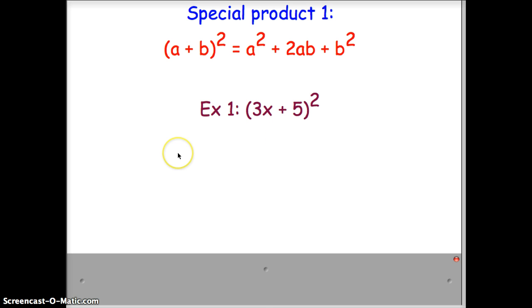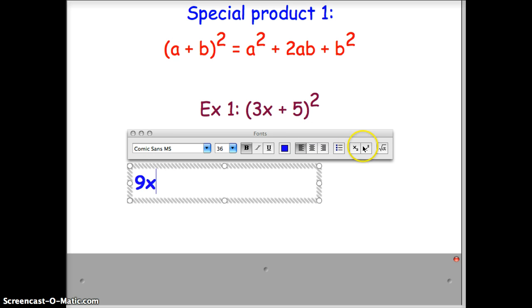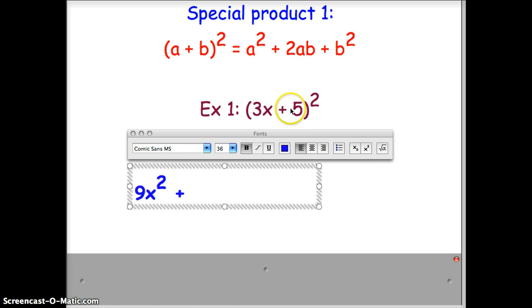So if we have 3x plus 5 quantity squared, well, 3x is my first term. It's my a, so if I square that, 3x squared is going to be 9x squared. Then I'm going to add 2ab. Well, a is 3x, b is 5.